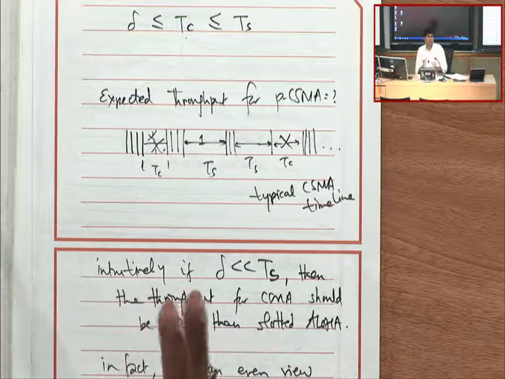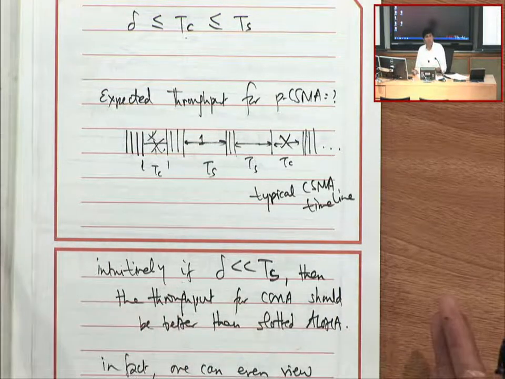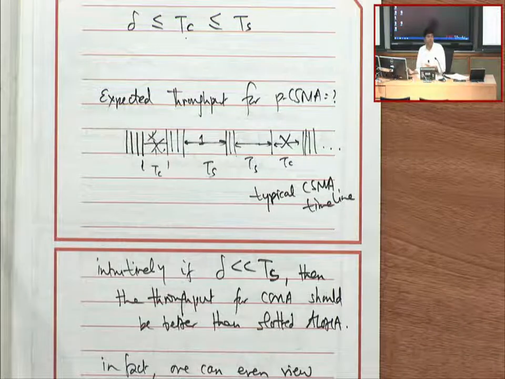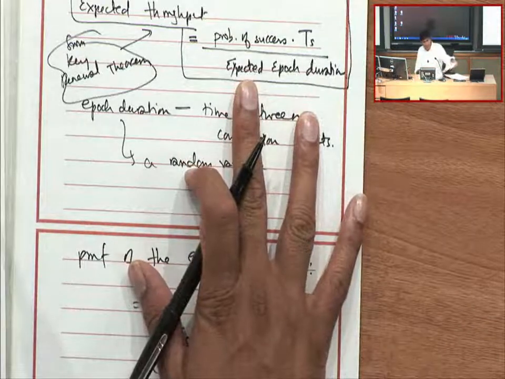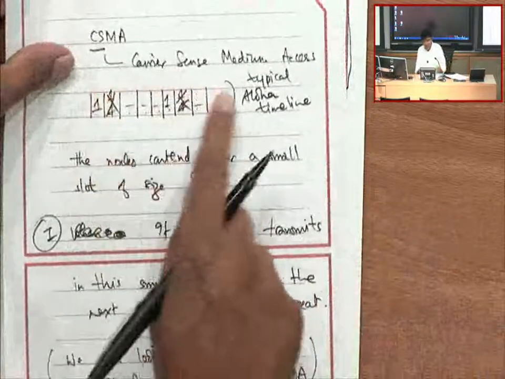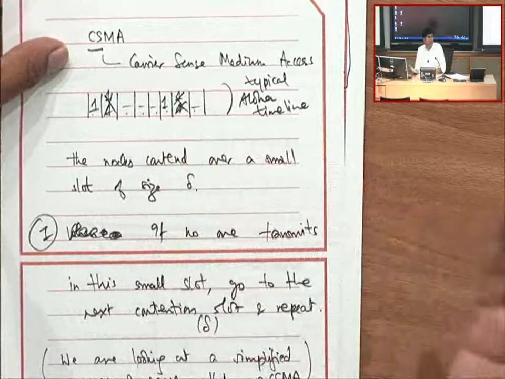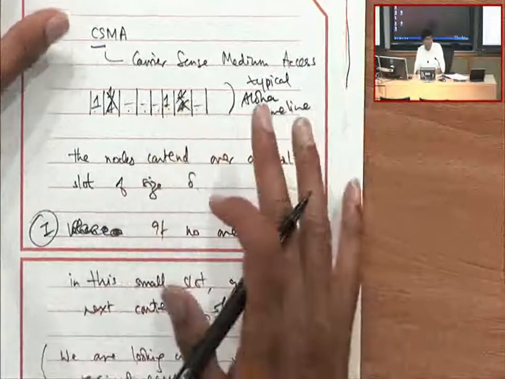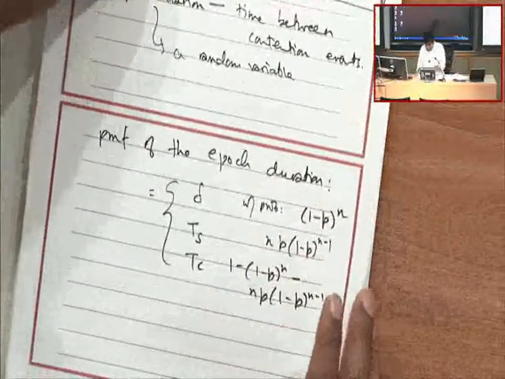Sometimes they're long, sometimes they're short, right? And so it's a little bit more than just counting how often you're successful. You also have to take into account how long it is when you're successful, and when you're not successful, on average, how long is it? So that's why this expression is not simply like, if we had just slotted Aloha, you simply count how many times you are in collision, just take the probability of that and you're done. In success, take the probability of that and you'd be done. So it's a little bit more complicated.